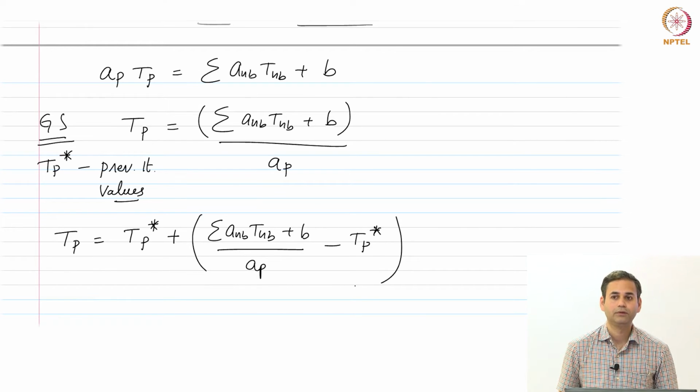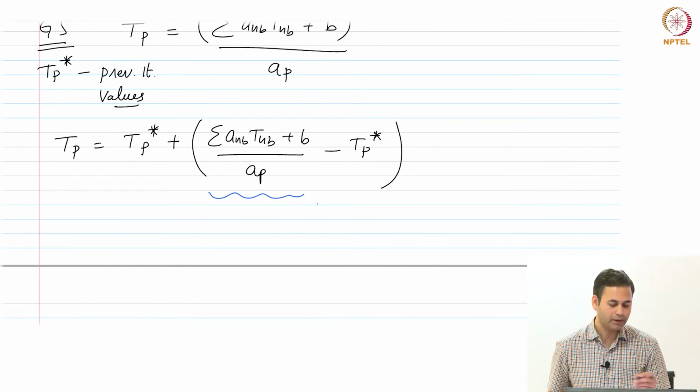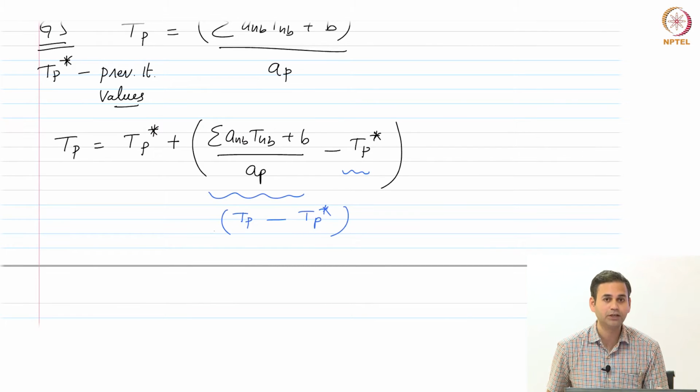Now, what is this quantity in the parenthesis here? This would have given you Tp if we had evaluated it, and minus Tp star makes this the change in the current iteration that would have been produced.